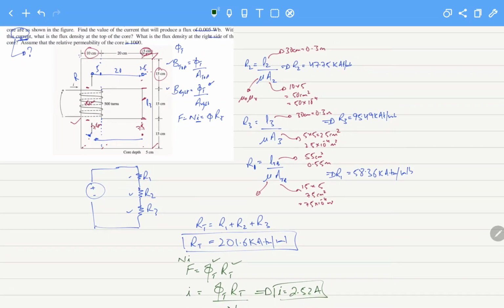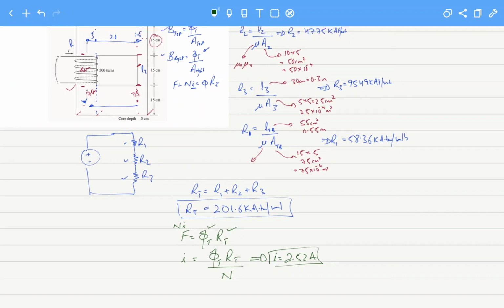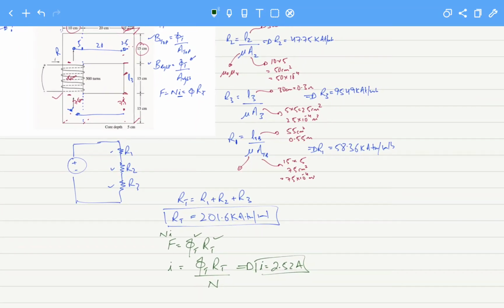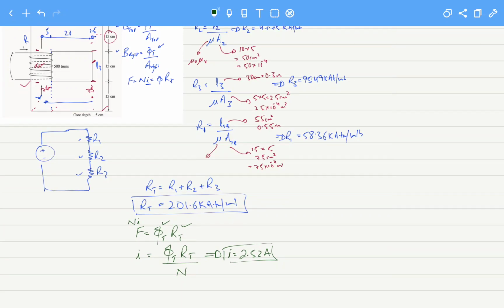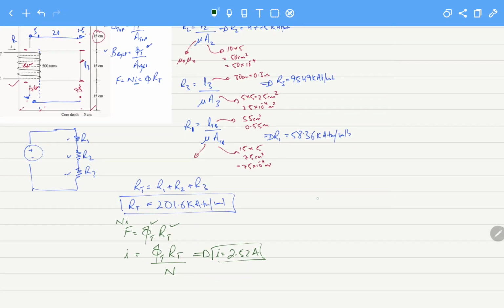Now the next part was to calculate the flux density at the top of the core. So flux density at top of the core can be calculated as the total flux. They have already given to us.